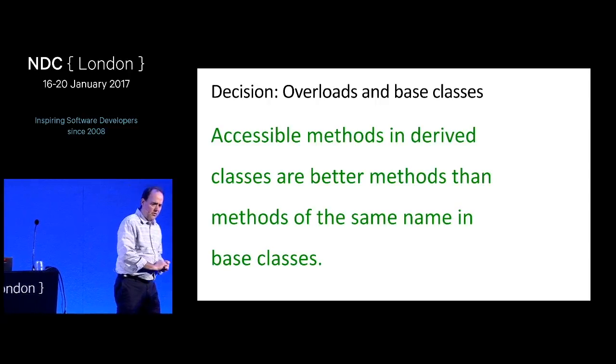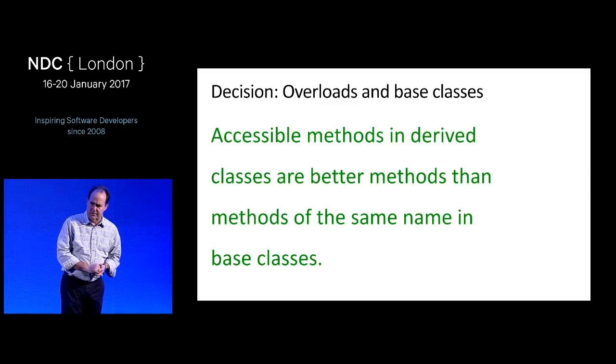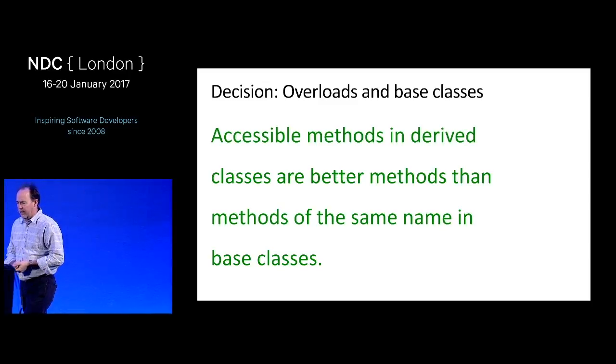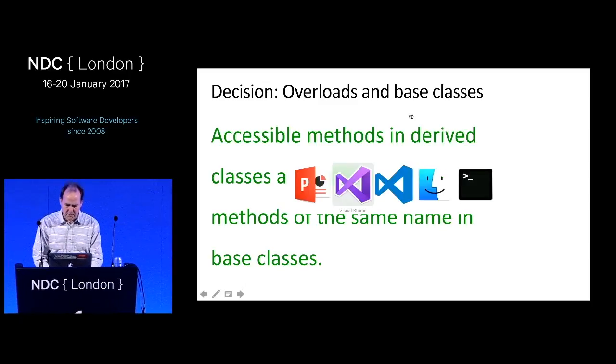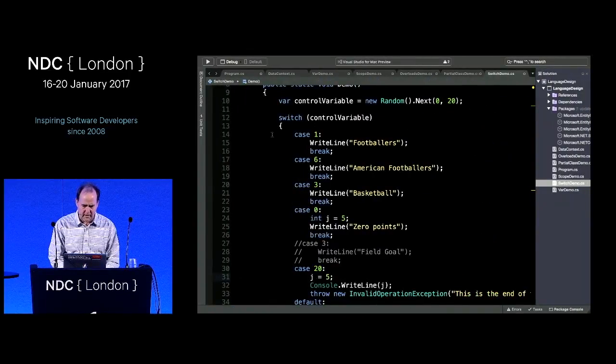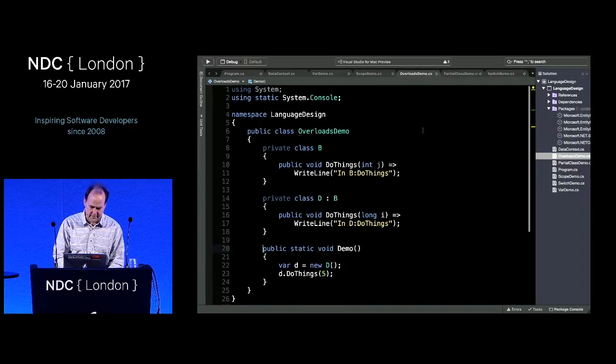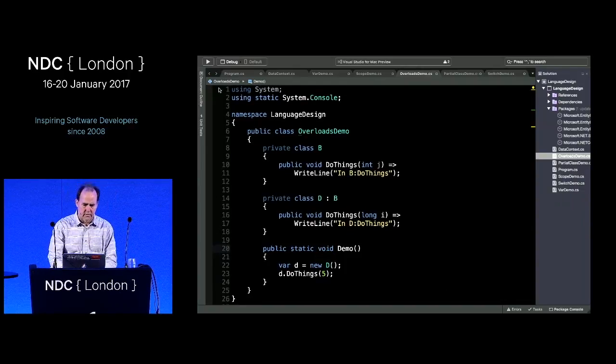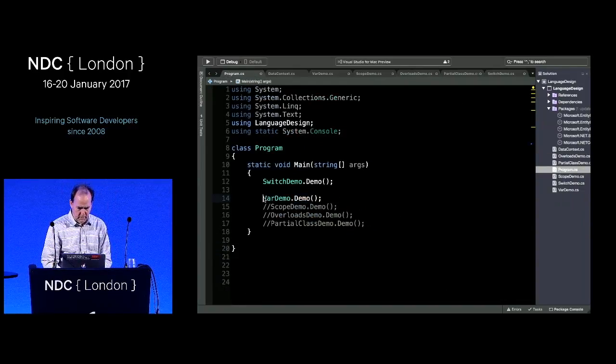Now we get to overloads and base classes. C# and a lot of modern languages have a lot of very interesting rules in terms of overload resolution. So let me update this to run the right one. So we don't need that. Or that.